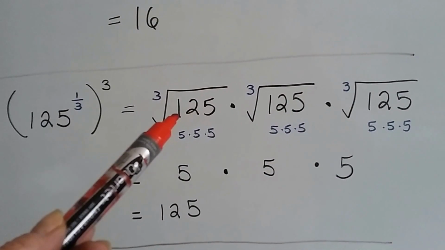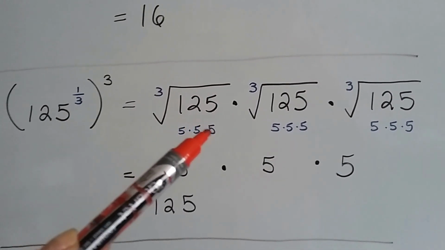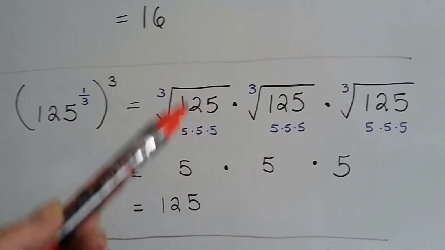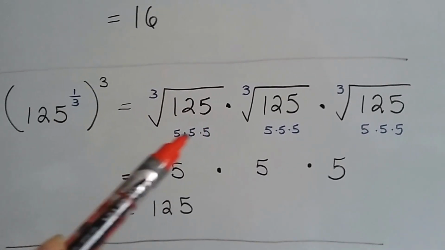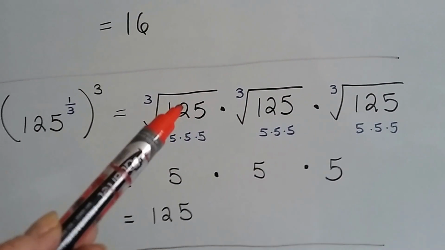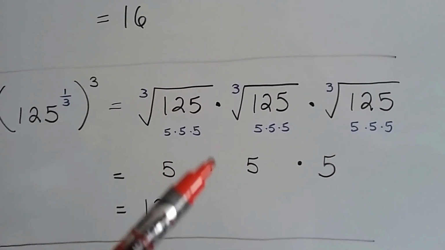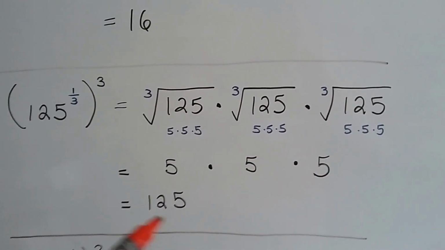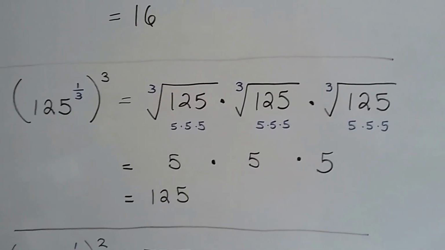Well, the cube root of 125 is 5, because 5 times 5 times 5 equals 125. That's the number that multiplied by itself 3 times makes a 125. So that means we have 5 times 5 times 5. And it goes back to equaling 125.